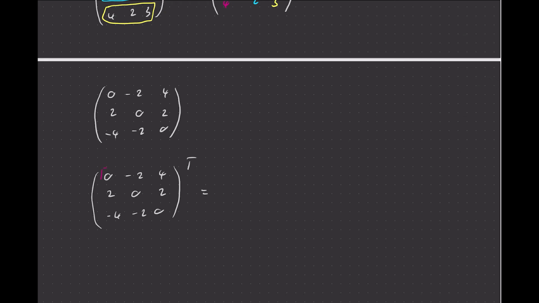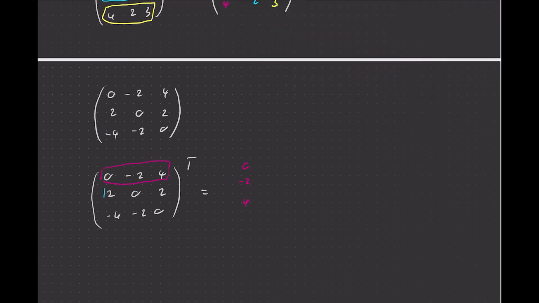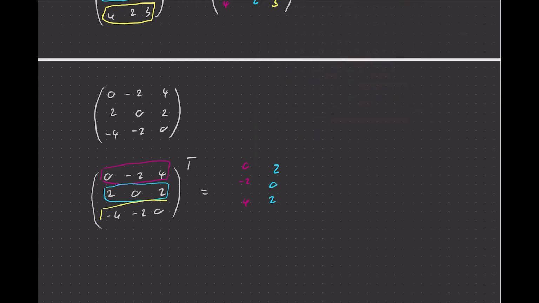Well, the first row becomes the first column of our new matrix. The second row becomes the second column of our new matrix. And finally, the last row becomes the third column of our new matrix. So that is how the new matrix looks.